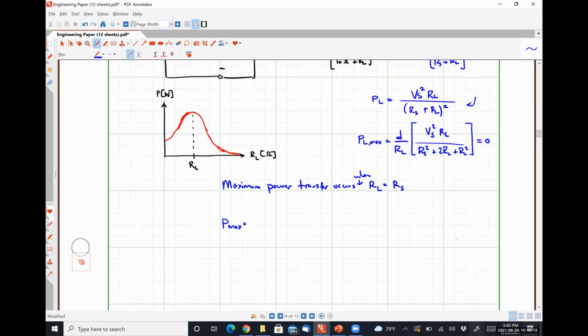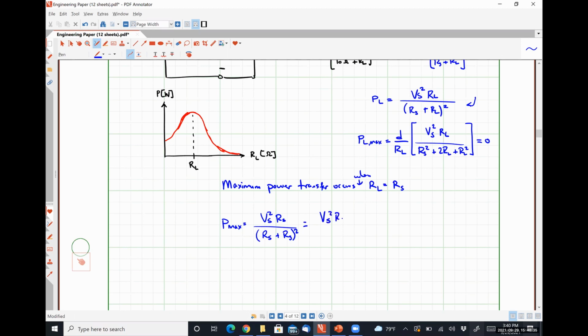Well, we're going to have VS squared times RS divided by RS plus RS quantity squared, sorry, so it shouldn't be an equal sign.